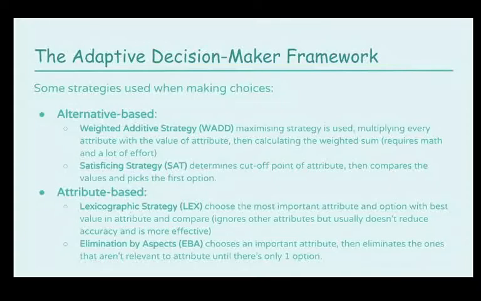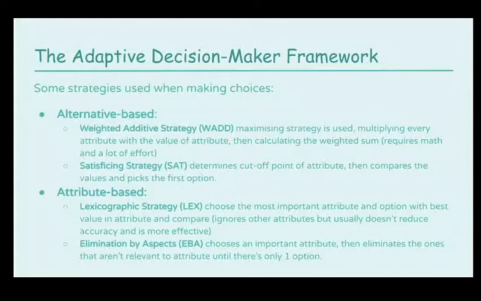So another strategy you can use would be determining the attribute that you want, and then putting the options in order by comparing their values and then picking the best option between all of them.